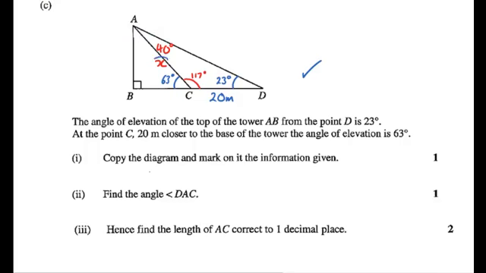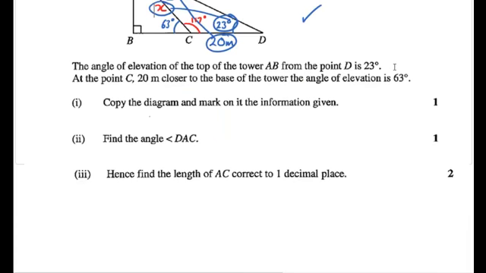So I've got this side here, and I have its opposite angle here. I've also got this side here, and its opposite angle over here. So because I have 2 angles and their opposite sides, then I'll be using the sine rule. So I'm finding X, so I put X over sine 23 equals 20 over sine 40.